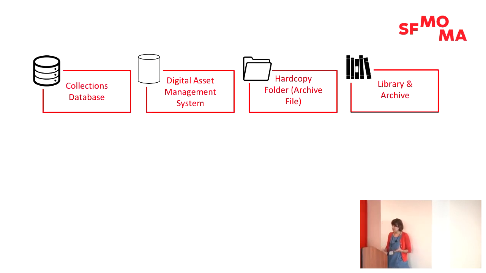In the museum, we have different places where we put this kind of information. And I just quickly want to mention that to give you an idea of how siloed that information is across the museum. We have our collections database that is a classic place for museums to put their information.